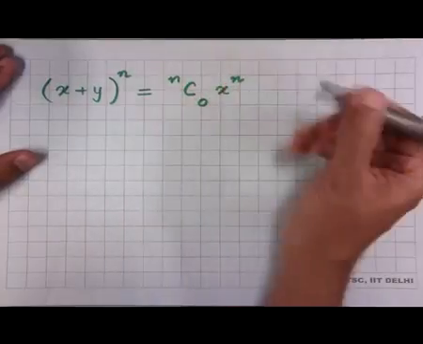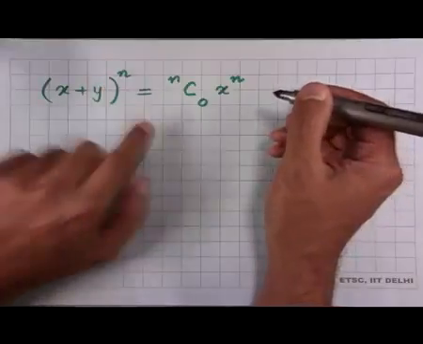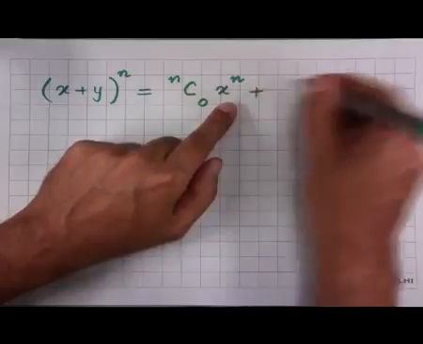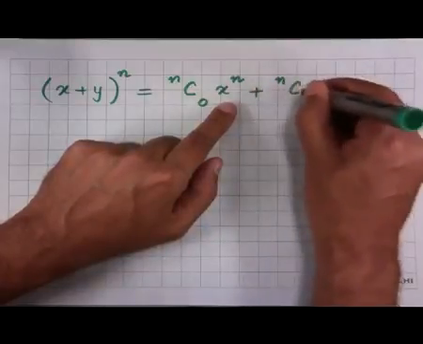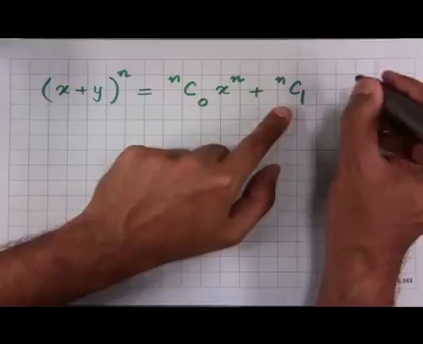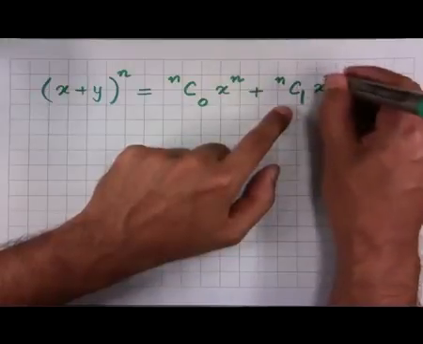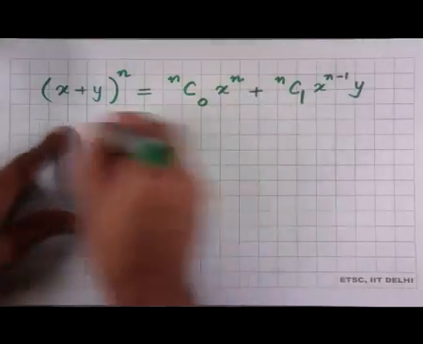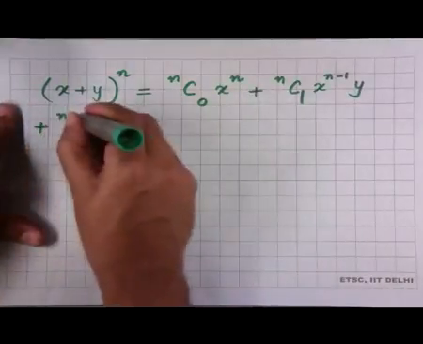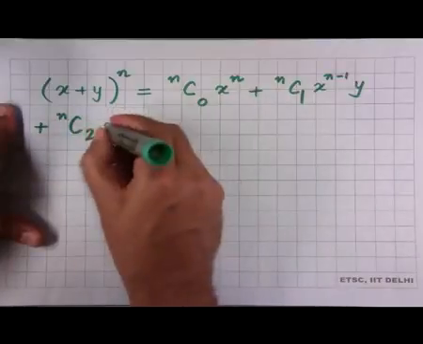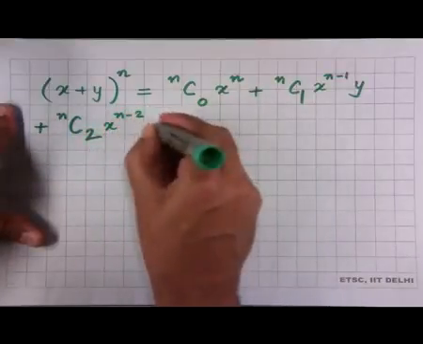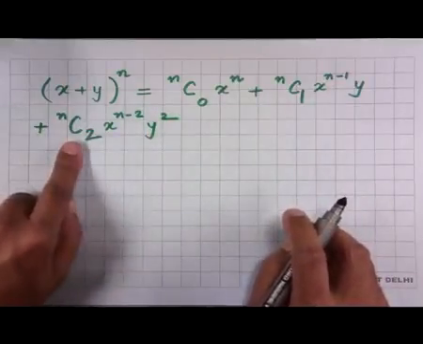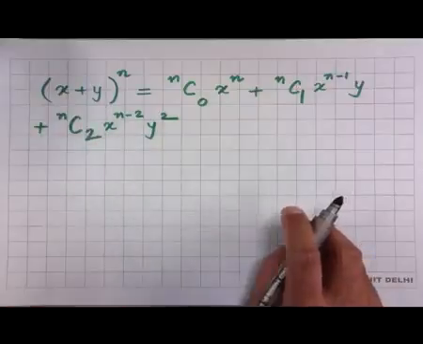x plus y whole to the power n is n choose 0 x power n plus n choose 1, that many number of y's you are picking, x power n minus 1 times y plus n choose 2 x power n minus 2 y squared. So, you are choosing 2 y's and remaining x's.